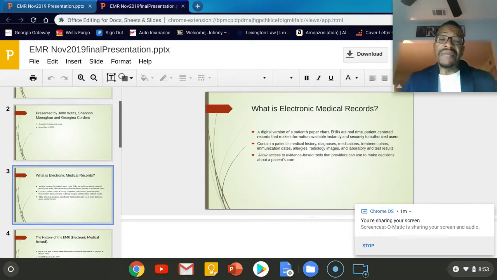This information contains the patient's medical history, diagnosis, medications, treatment plans, immunization dates, allergies, radiology imaging, lab reports, and test results. All that information is inside of a patient's electronic medical records. So you know how important that document is. It allows access to evidence-based tools that a provider can use to make decisions about patient care. There are a lot of advantages of the medical record system.